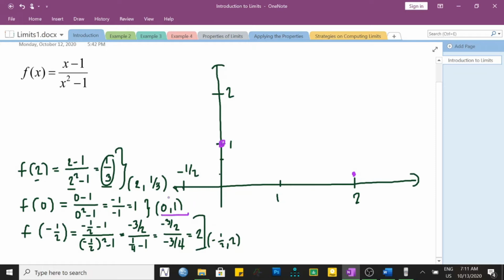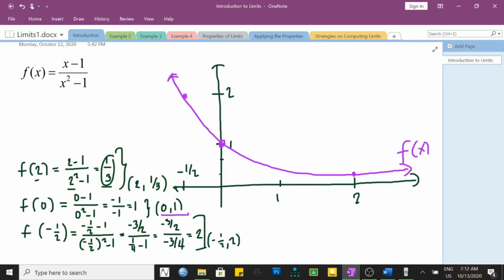And then negative 1/2 and 2. There, the 3 points that we computed. Joining the points, it seems that f of x looks like this. So that is the graph of f of x.